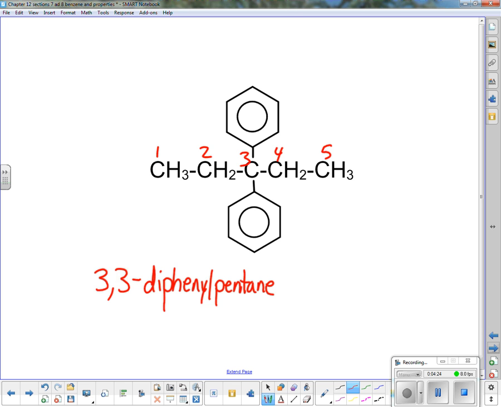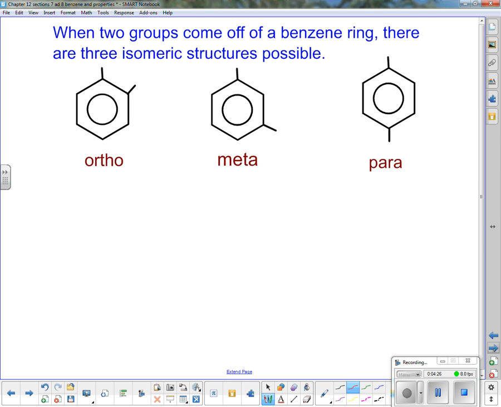Now, we also have specific ways. Instead of saying ortho, or 1, 2, and going on, we just put O and then go on. Instead of saying 1, 3, we just say M and go on. Instead of saying 1, 4 and going on, we say P and go on.